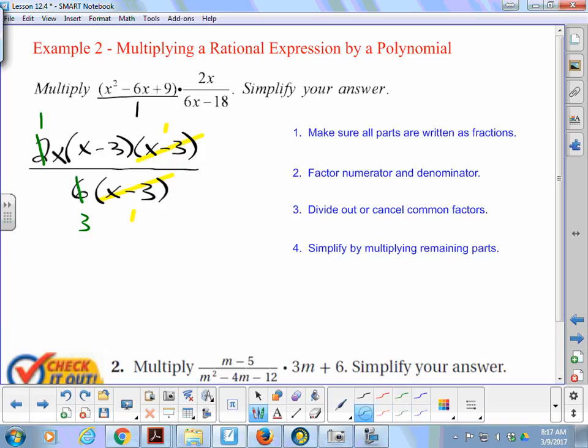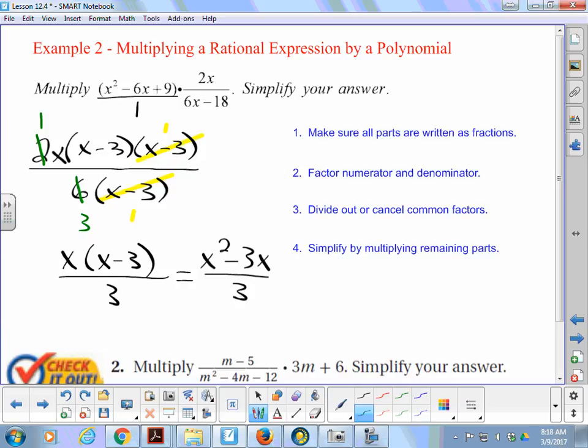So in the numerator, we're left with x times x minus 3. And in the denominator, we have a 3. So then in this case, I'm going to rewrite that. I'm going to multiply this out. So x squared minus 3x over 3.